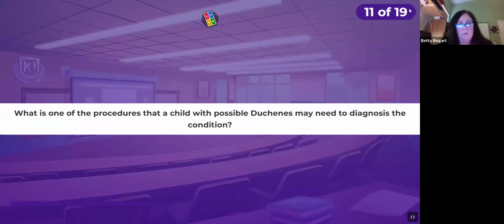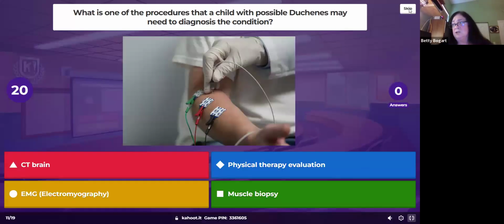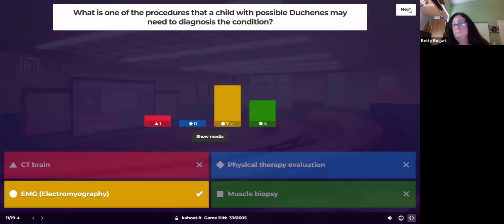What is one of the procedures that a child with possible Duchenne's may need to diagnose the condition? So Duchenne muscular dystrophy is a progressive muscle wasting.